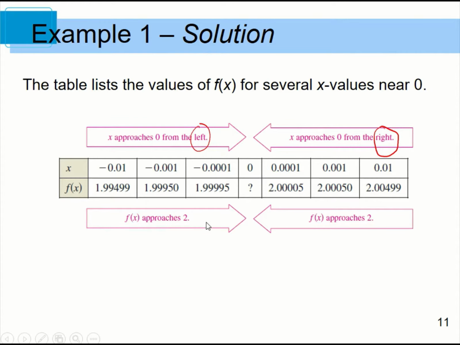Combining these two, we can say that when x approaches 0, f(x) approaches 2. To write it as a limit, we write the limit as x approaches 0 of f(x) is 2.